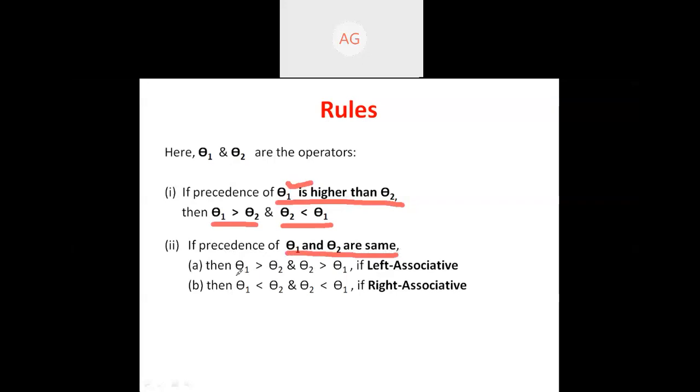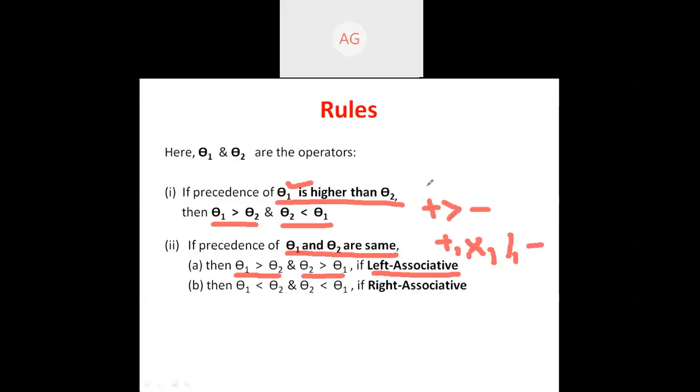Then theta 1 is greater than theta 2 and theta 2 is greater than theta 1, if we are considering it as left associative. As you know, the plus, into, divide and minus signs are all left associative operators. Whatever sign comes first, it will be taken by the left associative rule. It means if in an expression plus is encountered first and minus second, then we have the relation that plus is greater than minus.